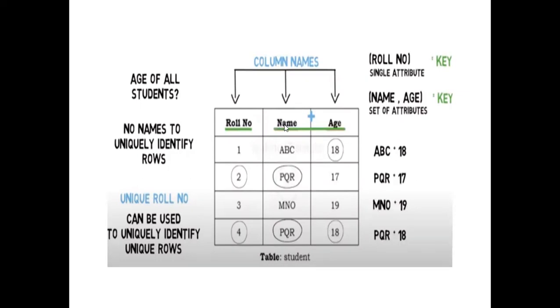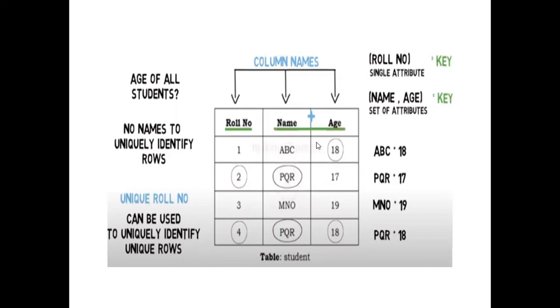So roll number, name and age, these attributes can be used to make keys. Roll number acts as a single attribute which can uniquely identify the record. But the name and age, when combined together, also give us unique data. In this way, we find out the key attributes.